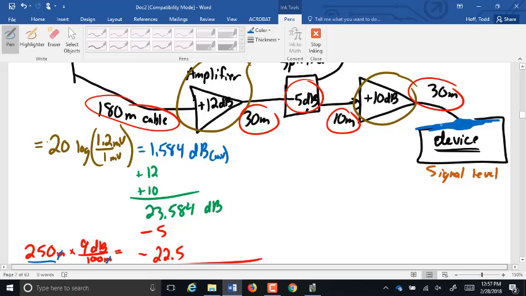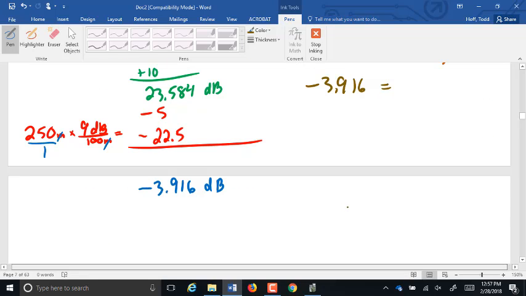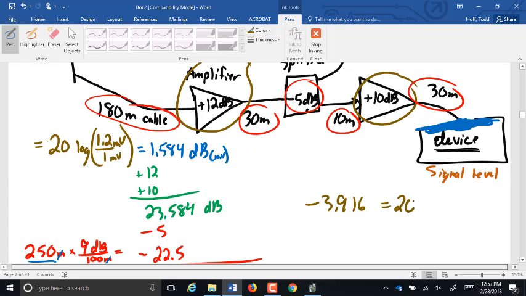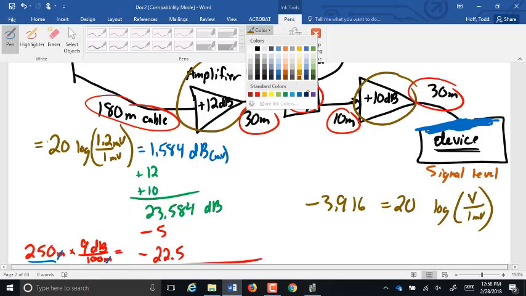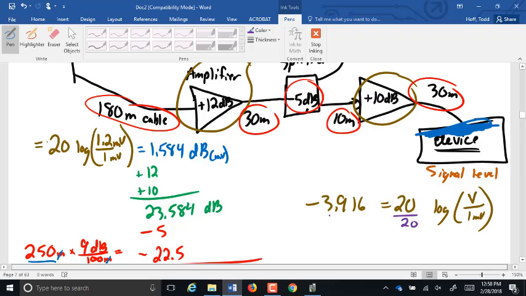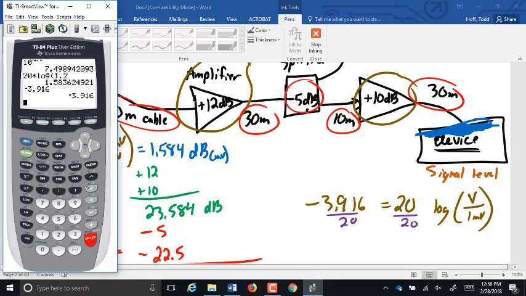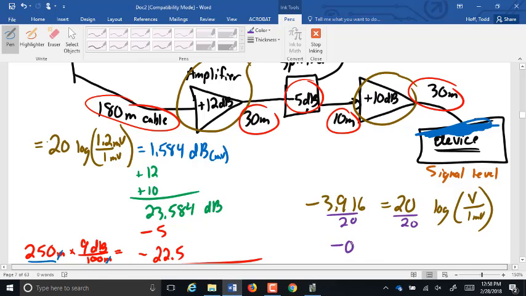What do we have to do now? Convert it back into a signal level. So 20 log of our voltage over 1 millivolt. So we're going to take that negative 3.916. What are we going to do with it? Divide by 20. Gives us negative 0.1958.